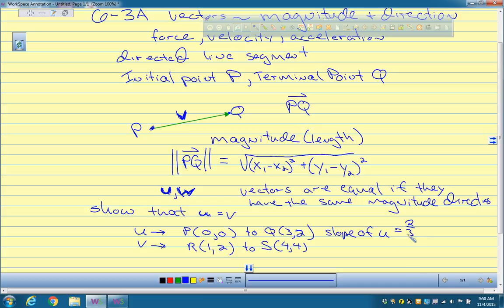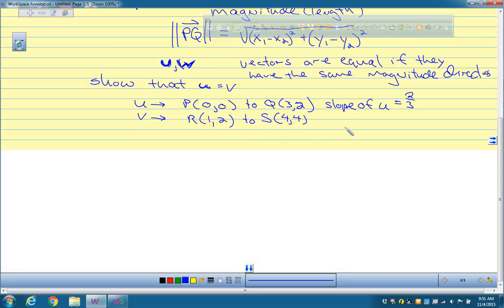You understand what I just did? I just did that in my head. And the slope of v is 4 minus 2 over 4 minus 1, which is also 2/3. So they're going in the same direction, right? They have the same slope, but I also have to show that they have the same magnitude.